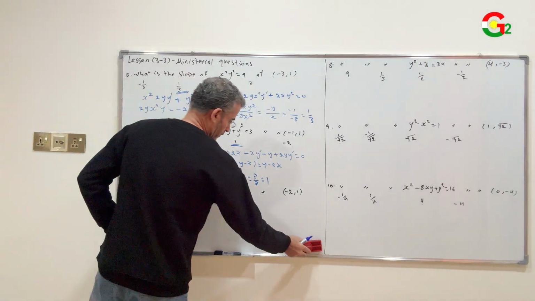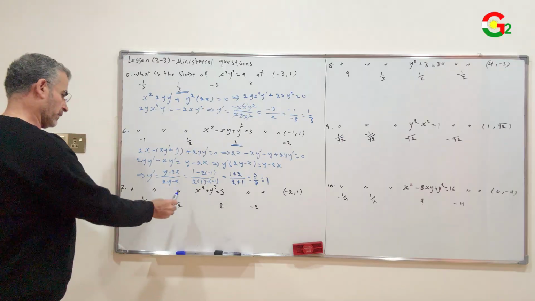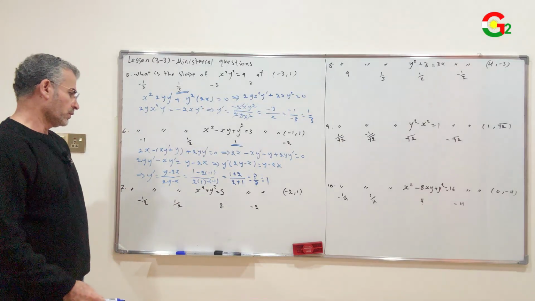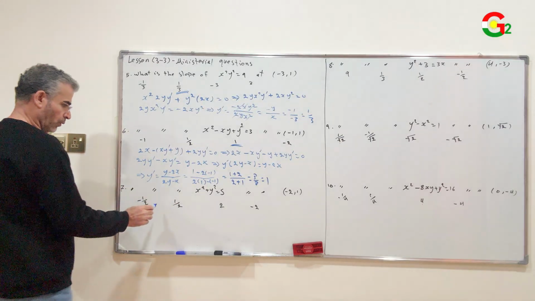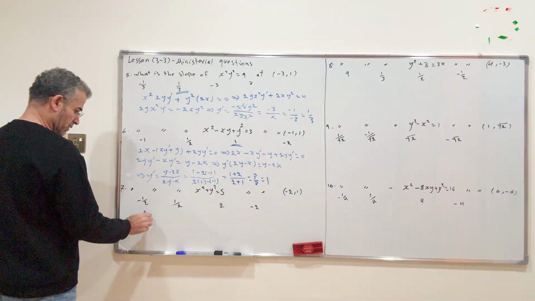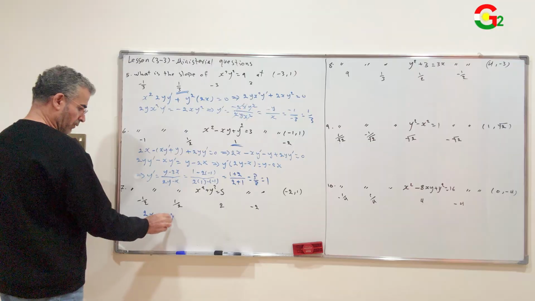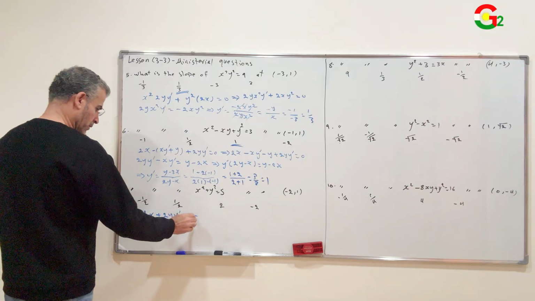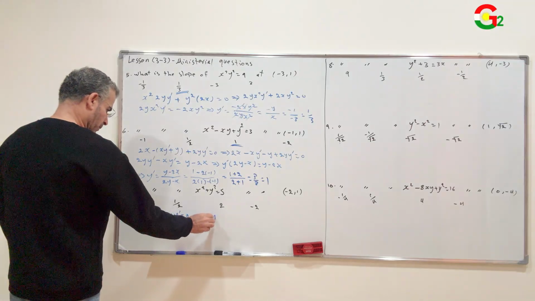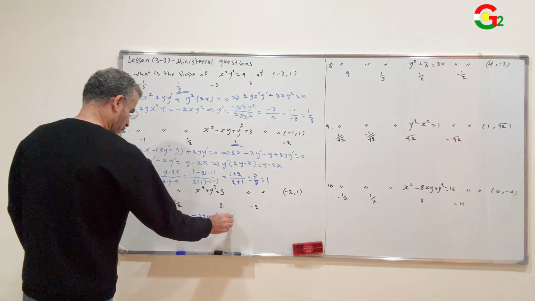What is the slope of the curve x^2 + y^2 = 5 at the point (-2, 1)? Differentiate both sides with respect to x: 2x + 2y y' equals 0. Then 2y y' equal to -2x.